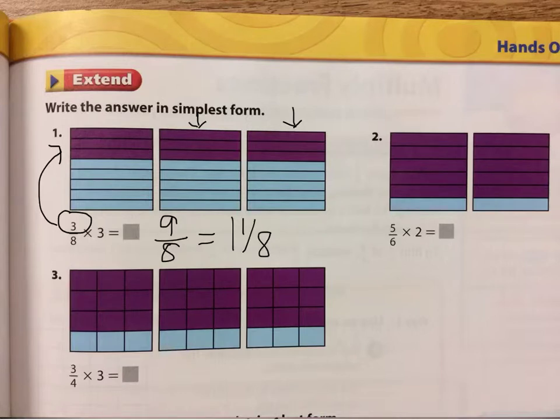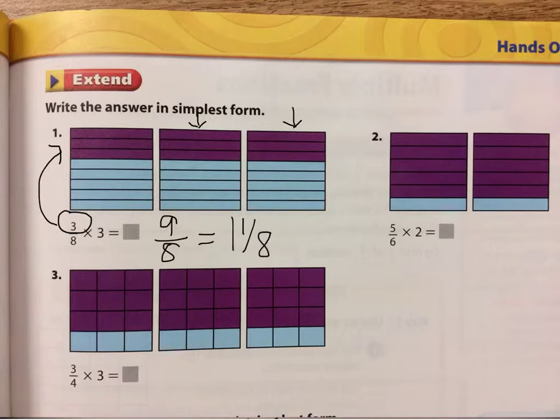But what if we don't have a drawing, right? Then how are you going to figure this out, okay? Well, let's do the ones with the drawings first. So let's take a look at number 2. We have 2 wholes, which are split into 6, because that's our denominator here. And we want 5 out of the possible 6 parts, right?